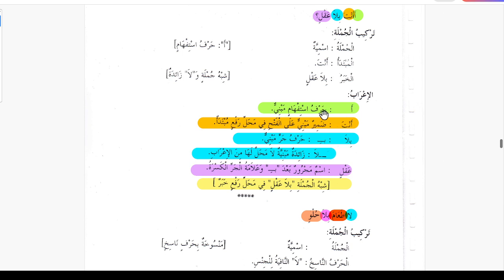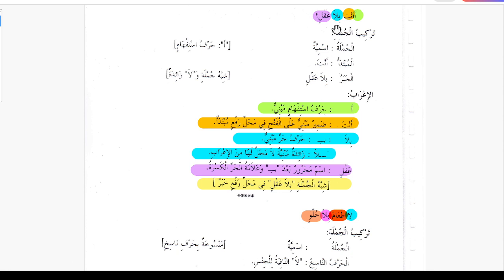So hamza is harfu istifhamin mabni, anta is damirun mabniyun alal fathi fi mahalli rafin mubtada. Bila, so in bila, ba is harfu jarrin mabni, la is zaida, so la zaida mabniyatun la mahalli laha min al i'rab, it has no place, no function in i'rab. So in Arabic sometimes we have some words that come as zaida.